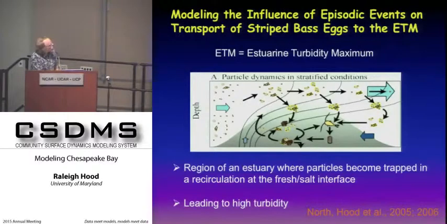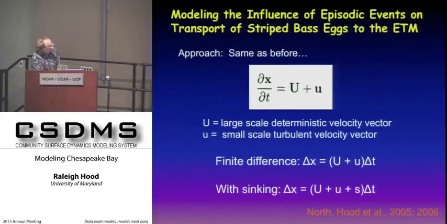So, in this study, and this is a three-dimensional study as opposed to a two-dimensional study, we're using the same methodologies where we're finite differencing this equation, using models to specify a large-scale deterministic velocity vector, the larger scale flow, and then also putting in a small-scale turbulent velocity vector.